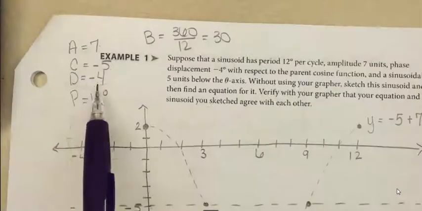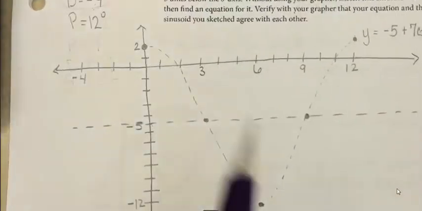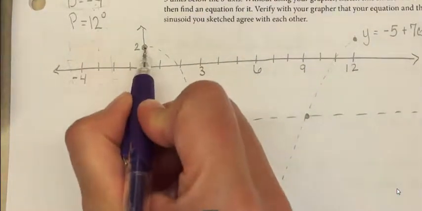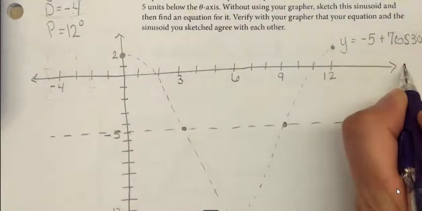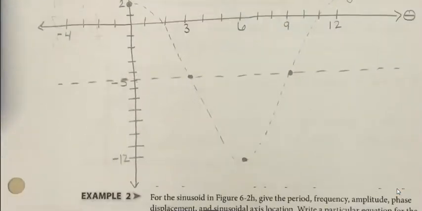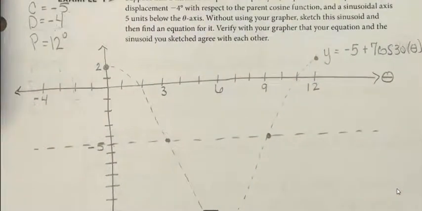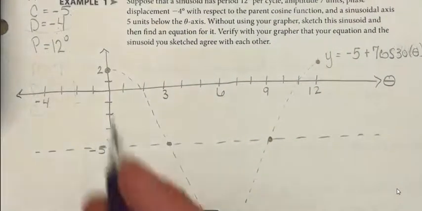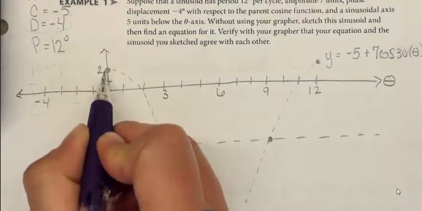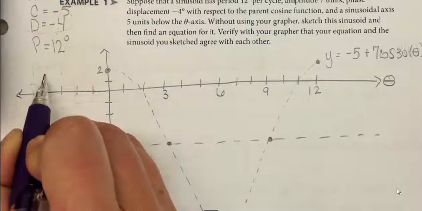Well, my horizontal translation, I had to go left 4. So I'm going to take each one of these points, and on the x-axis, or the theta axis, I actually think that this is degrees, so it should be theta. And this axis will be my y-axis. We haven't been labeling that. I'm going to go back 4. So this point where I'm up at 2 needs to be shifted back to an input of -4.